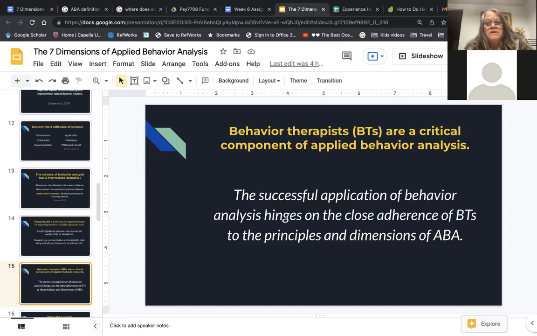The BCBA may go to great effort to design and program and do functional analysis and determine a program that's going to help a particular client. Well, now they're going to rely on the behavior therapist to implement that with fidelity. And what that means is they're going to very closely adhere to exactly what has been written.